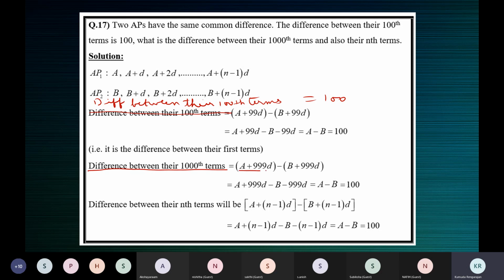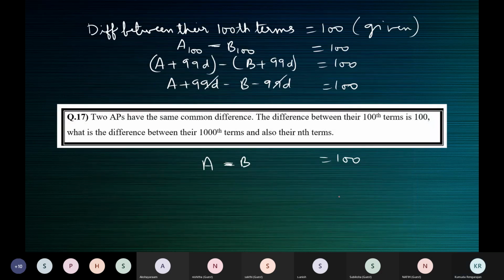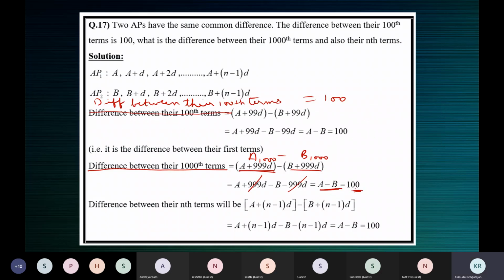That means we have to find A plus 999 D minus B plus 999 D. Open the bracket, this gets cancelled. We get A minus B, but what is A minus B? It's 100. We got it earlier, no? So the difference between their thousandth terms is 100.